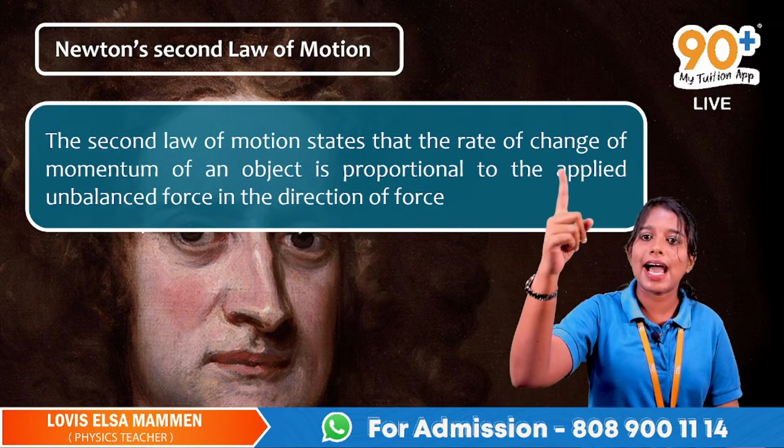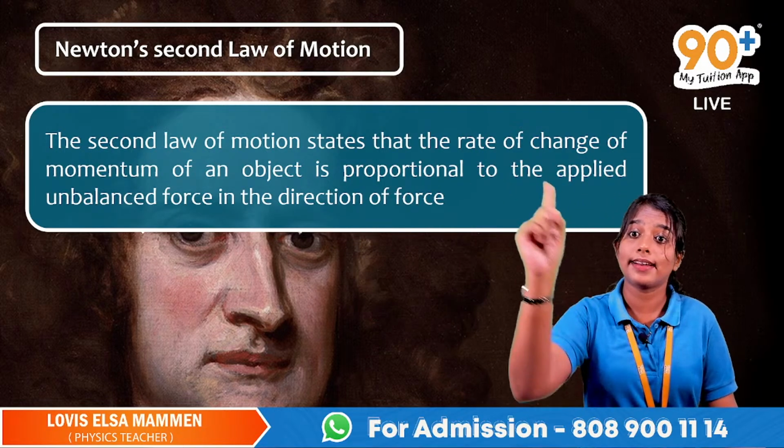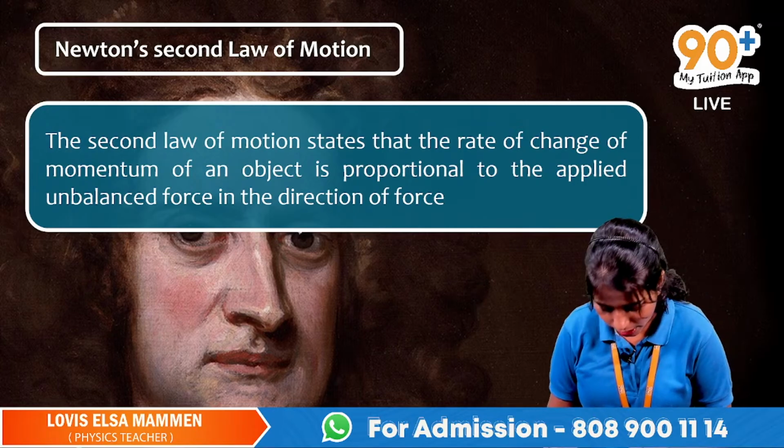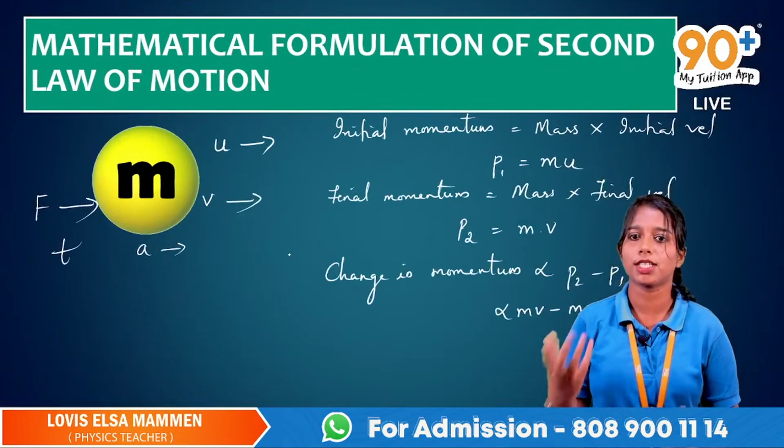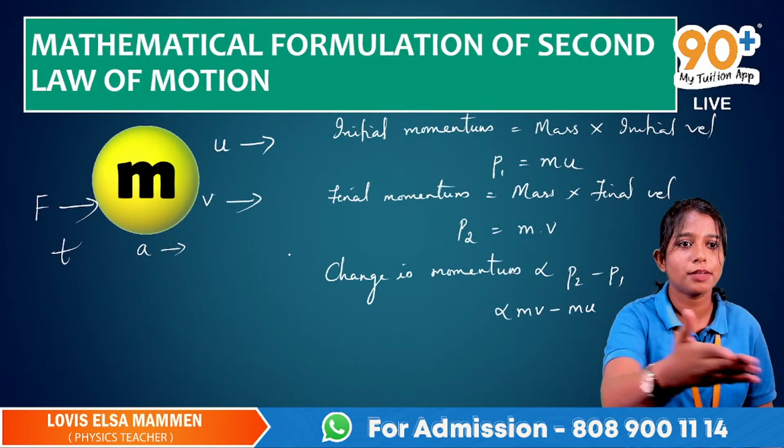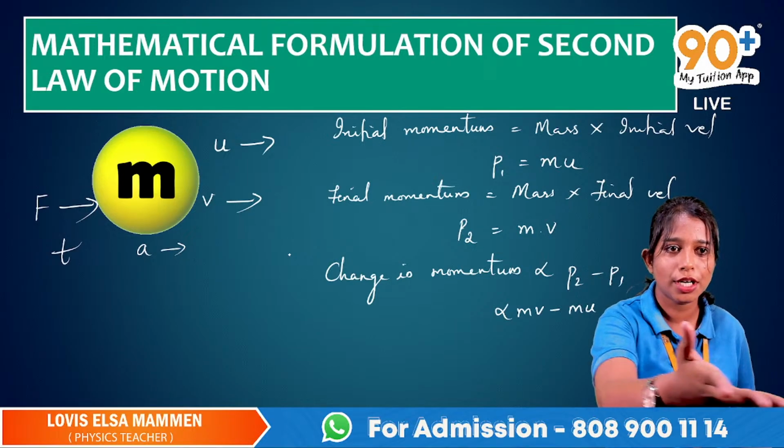So now we have change of momentum. We need rate of change of momentum. What does rate of change of momentum mean here? Divided by t. Yes.